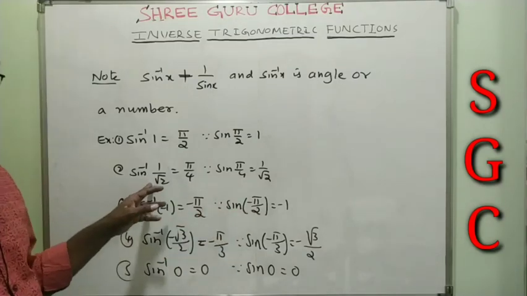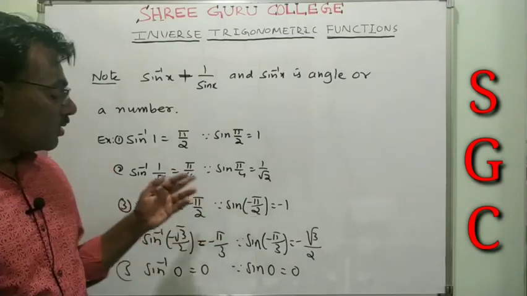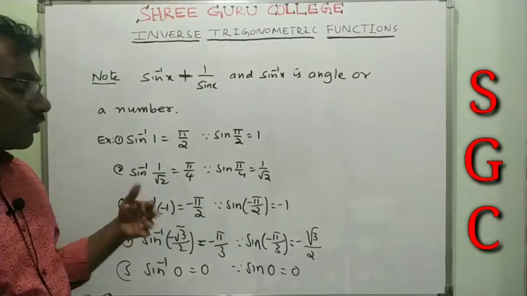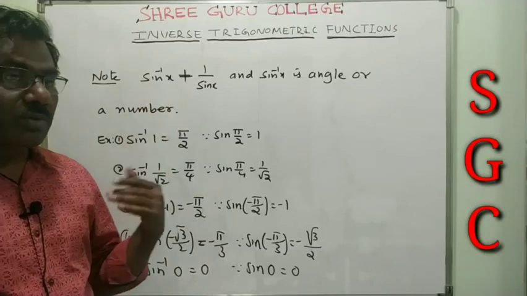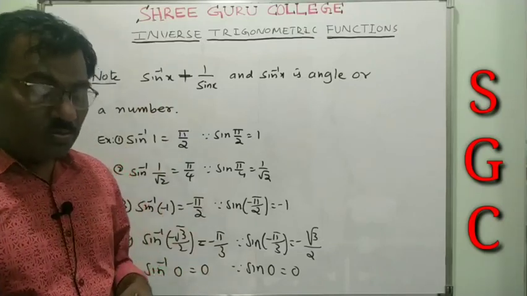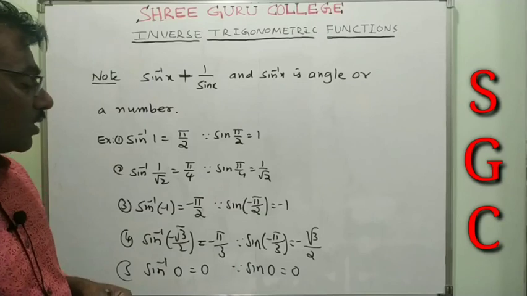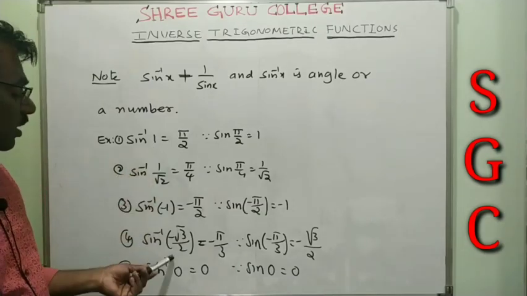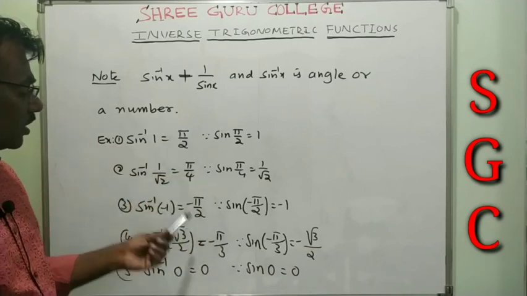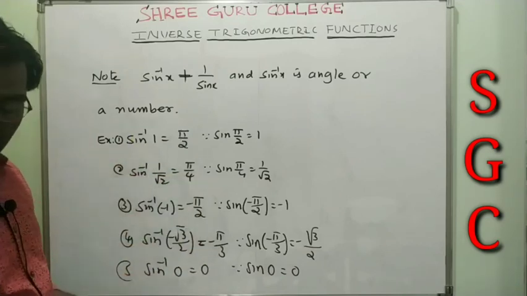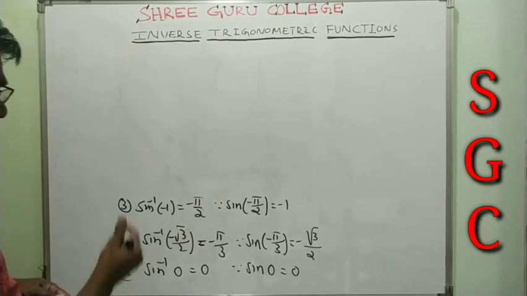If the domain is positive, the range will be positive. If the domain is negative, the range is also negative, because sine inverse of x lies between minus 90 to plus 90, both positive and negative. So these are all called domain, these are all called range. Range is between minus 90 to plus 90, domain is minus 1 to plus 1.